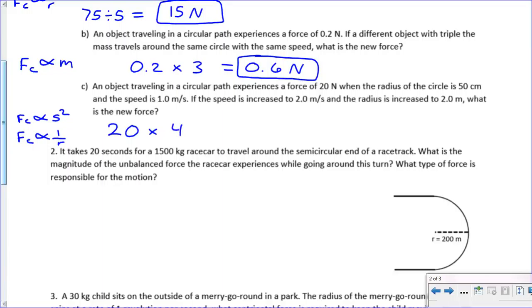So 20 times 4. Now we have 4 times the radius, but radius and centripetal force are inversely proportional, so we divide by 4 or multiply by 1/4. If you do that, you end up getting 20 newtons back out of the end. And so what happens here is the increase in speed is offset by the increase in the radius.